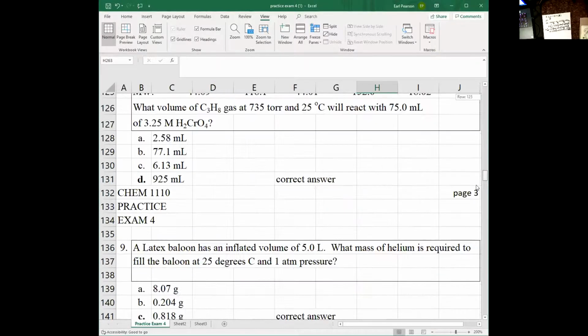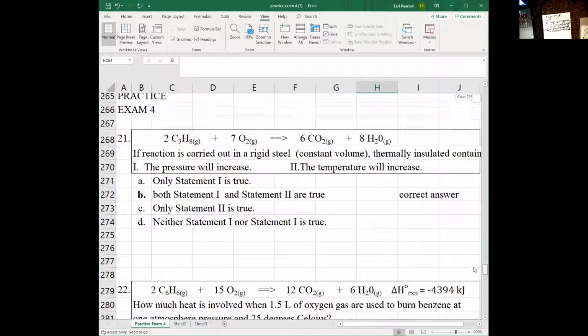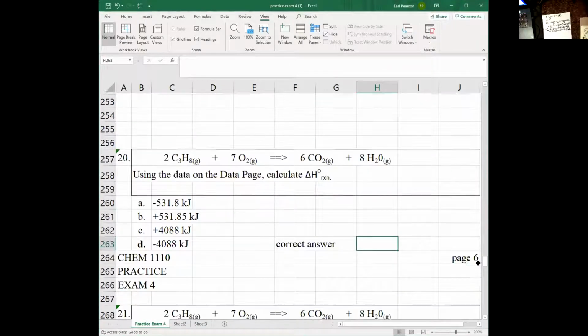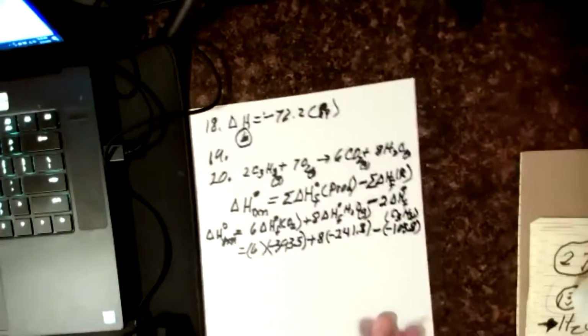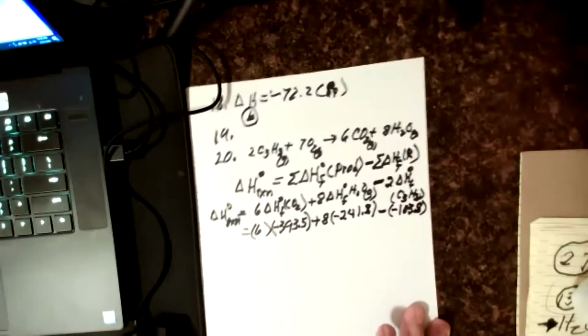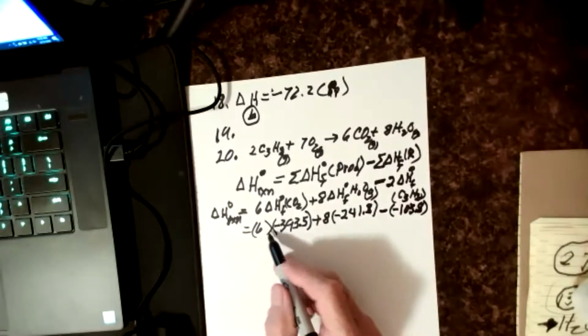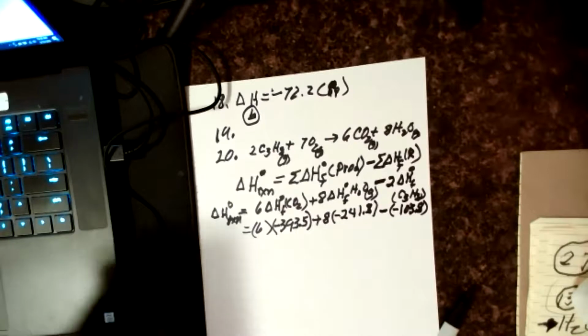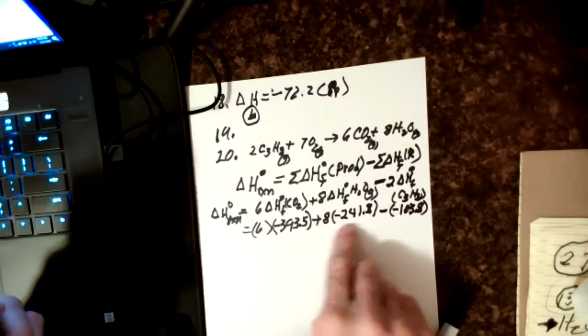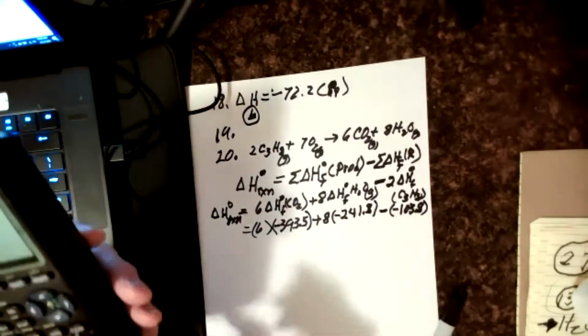Okay, so now let's go back to the problem. We're looking at number 20. So I'm going to put it back down here on number 20, and then let's go over here to the pad and do the math. Here's the calculation that we need to do to get this reaction. I'm going to put it on my calculator.